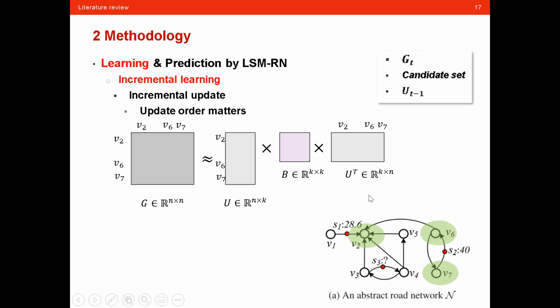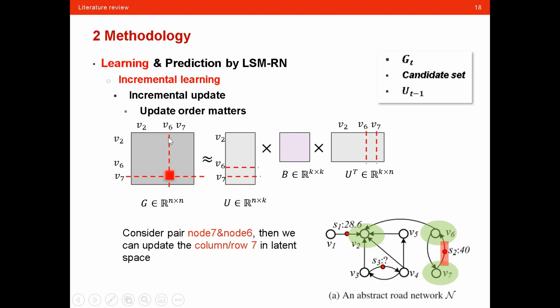When we are given the observation between node 7 and node 6, we get the traffic speed of this segment, and then we can update row 7 in the latent space matrix, while row 6 is fixed at this time.